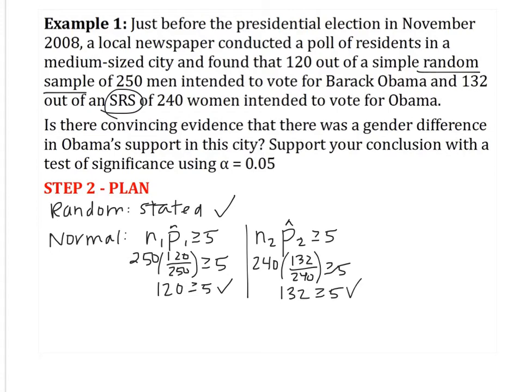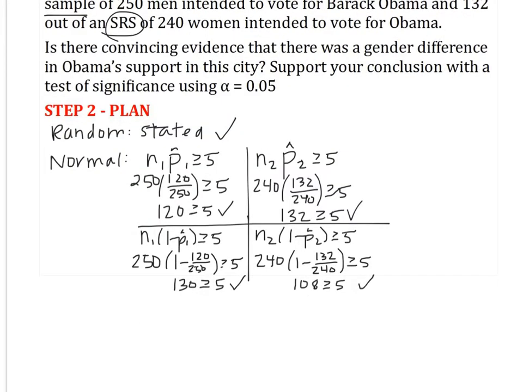Check. I'm going to do the same thing for N1 times 1 minus P hat 1 and N2 times 1 minus P hat 2. So I checked all 4 of those, and they all 4 work. Now I got to check independence. So independence, we assume they're independent voters.